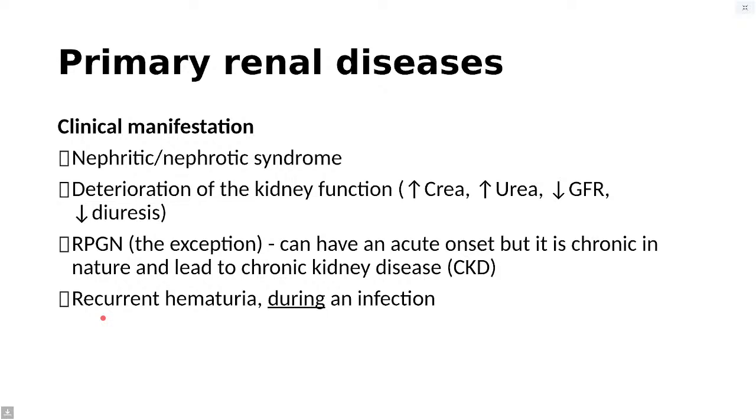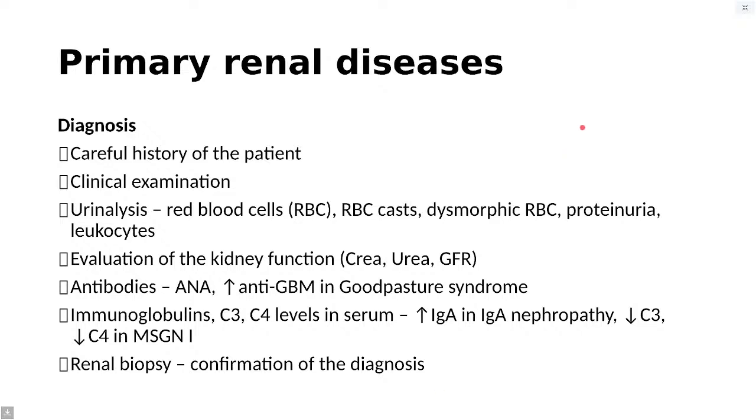The other clinical manifestations are recurrent hematuria during an infection. Diagnosis: the first is careful history of the patient, the second is clinical examination, then laboratory tests. There is urine analysis for red blood cells, casts, dysmorphic erythrocytes, proteinuria, leukocytes, and so on.